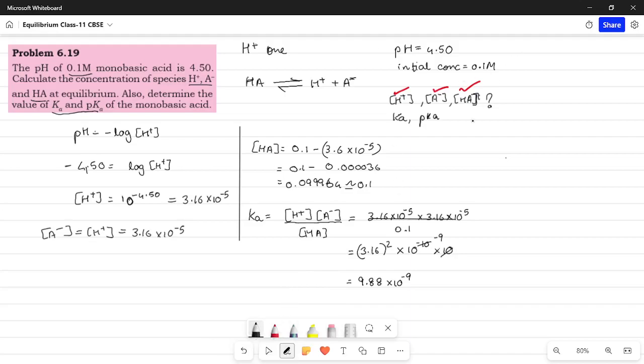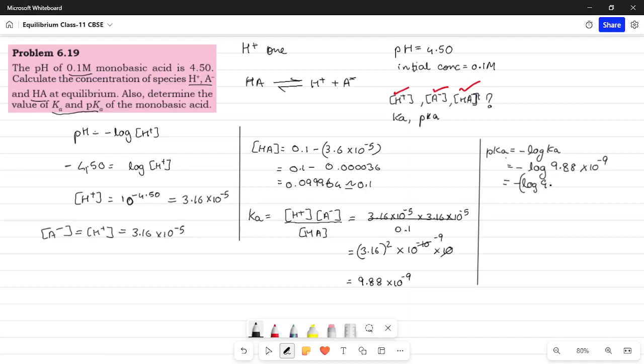Now the last step is for us to figure out the value of pKa. pKa is equal to negative log Ka. So it's just going to be minus log of 9.88 into 10 to the power minus 9. We're going to simplify it as we have done for the past couple of questions.